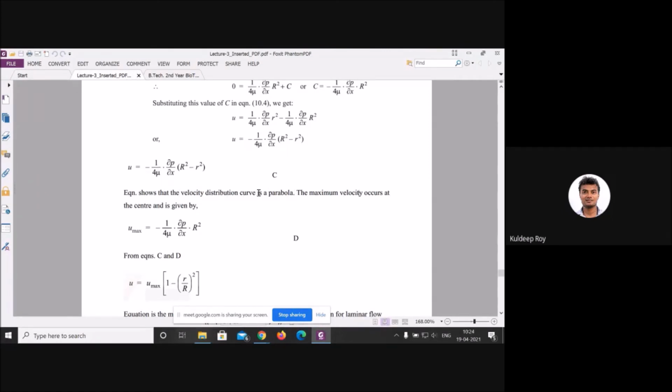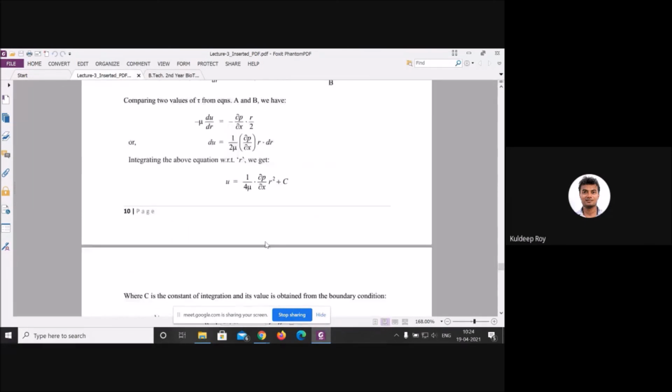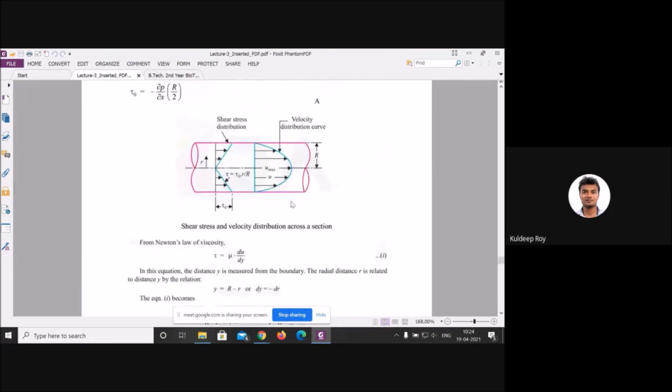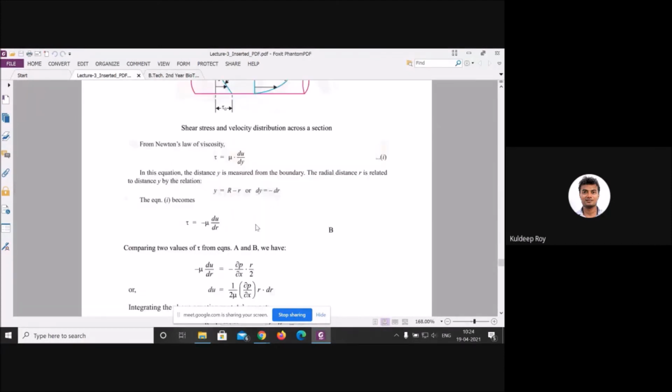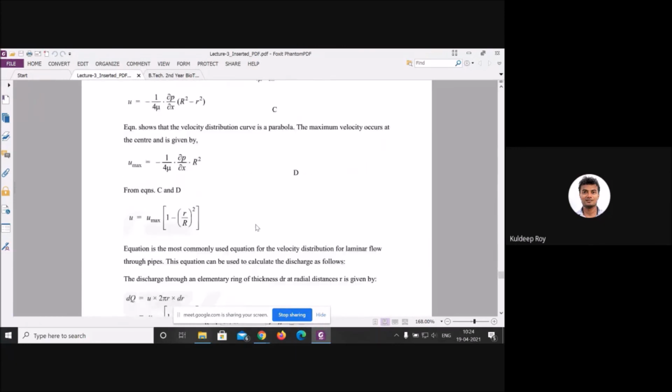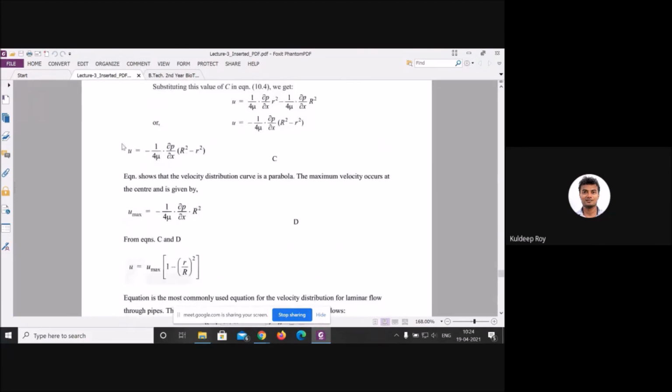The maximum velocity occurs at the center, as we have been discussing from the first day, and at the wall there will be the no slip condition. So today we have derived that u shows the parabolic term.